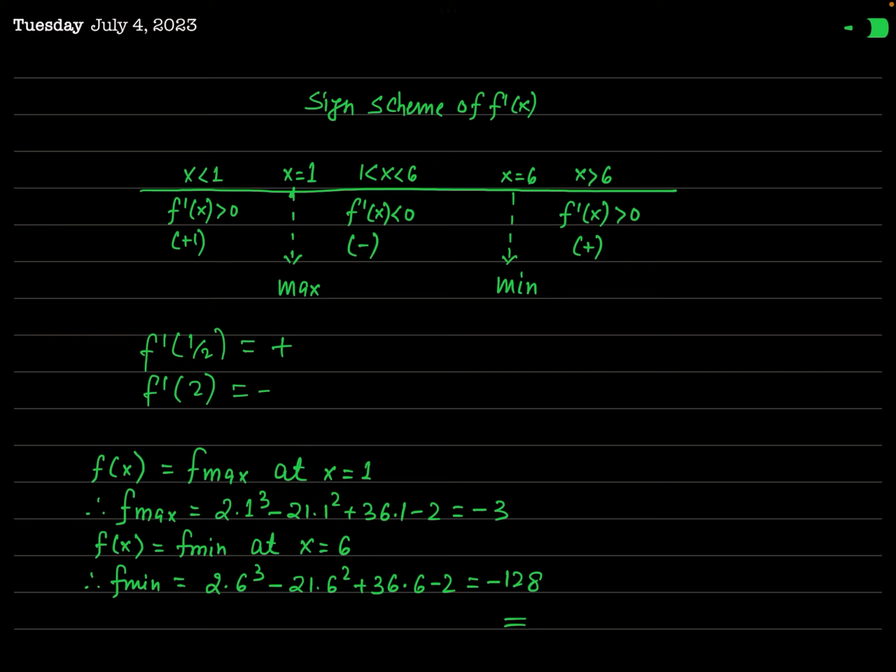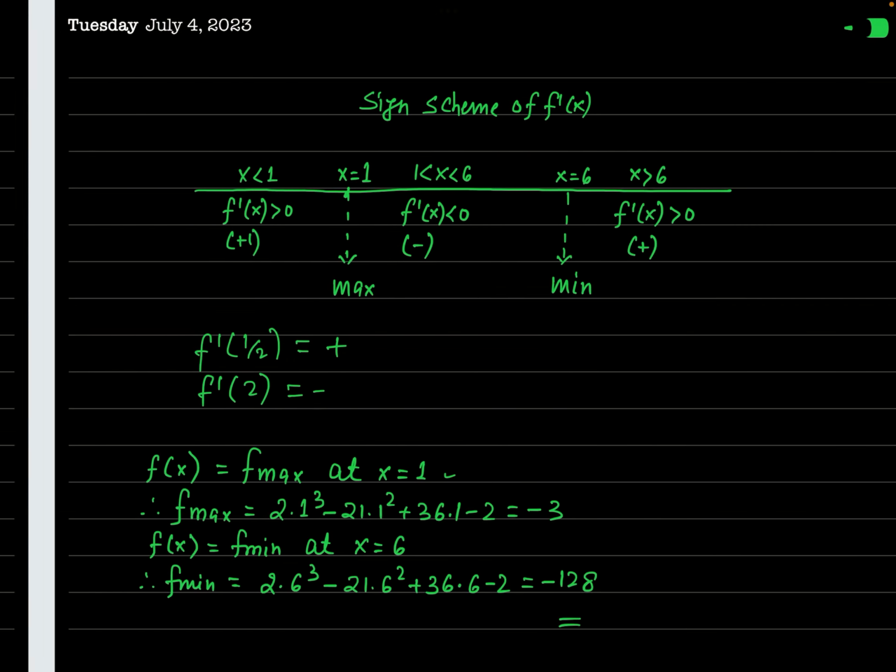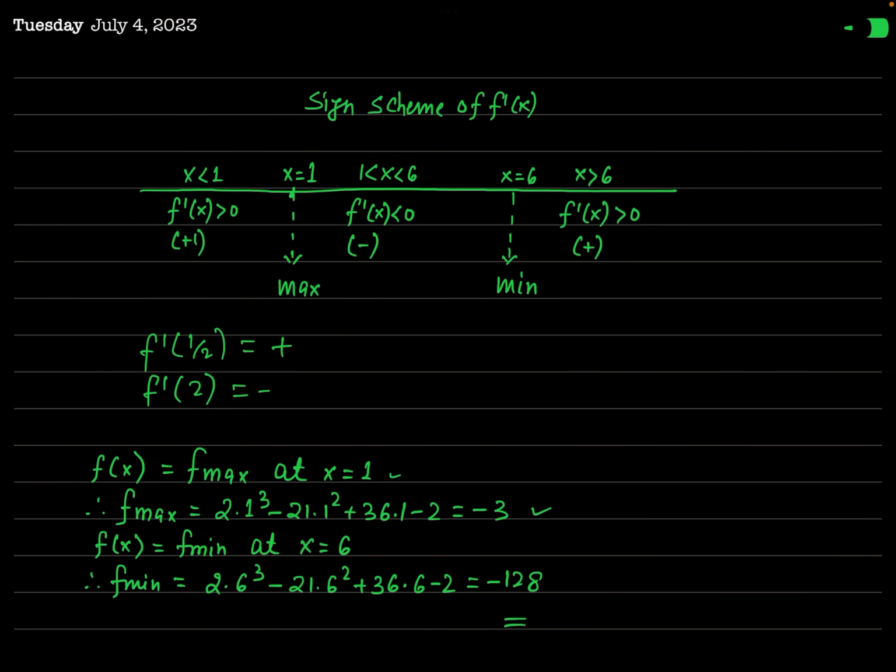And so if you want to find the maximum value of the function, you have to put x equal to 1 in the given expression of the function. So let us put x equal to 1 in this equation 1, and then you will get its maximum value, which is equal to -3. Okay.